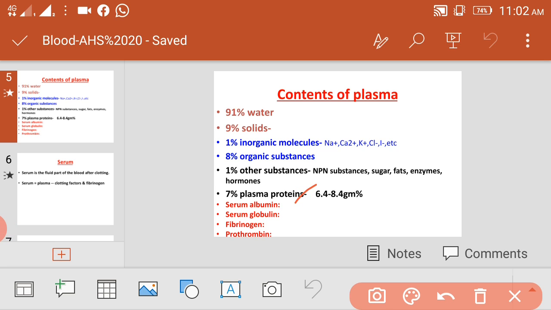Plasma proteins are important. The plasma proteins are serum albumin, globulin, fibrinogen and prothrombin. So these are the important plasma proteins.